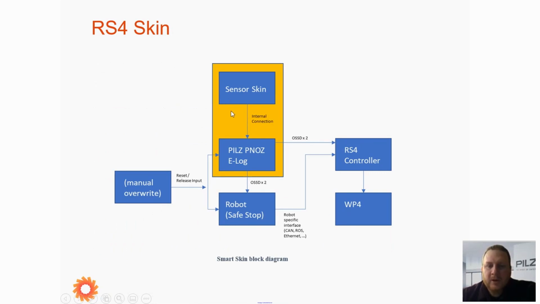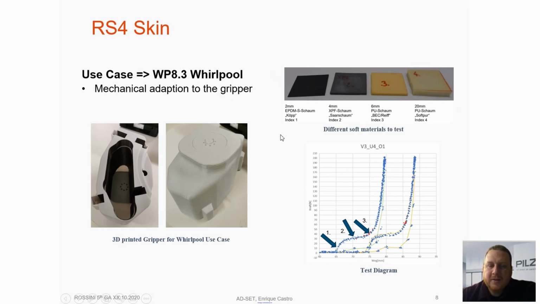Then we can see it in the block diagram. We could use a Pilz product to connect the skin and connect the robot or the RS4 controller via 24-volt safety outputs. And then we showed the skin in the Whirlpool use case.